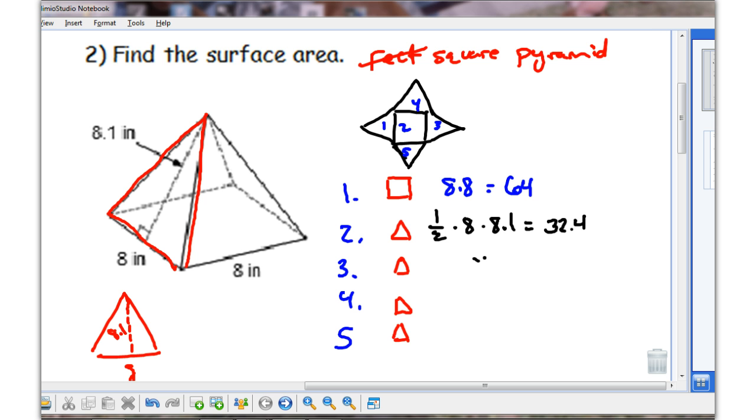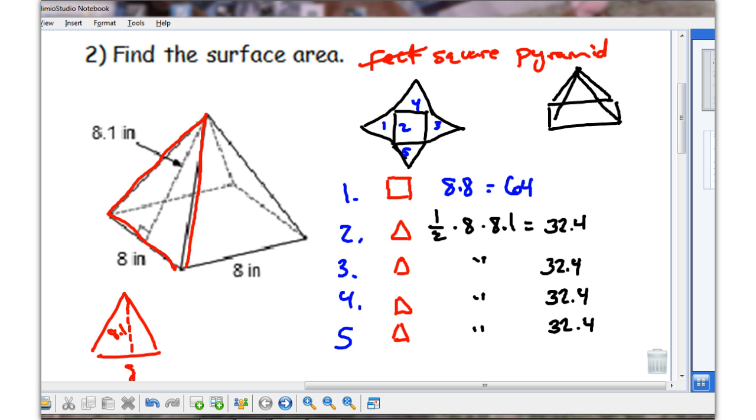As I said, all of the other triangles around the outside are the same, so we get 32.4 each time. This wouldn't work if it were a longer rectangular pyramid, because the areas of all 4 triangles wouldn't be the same. You'd have 2 pairs of congruent triangles.